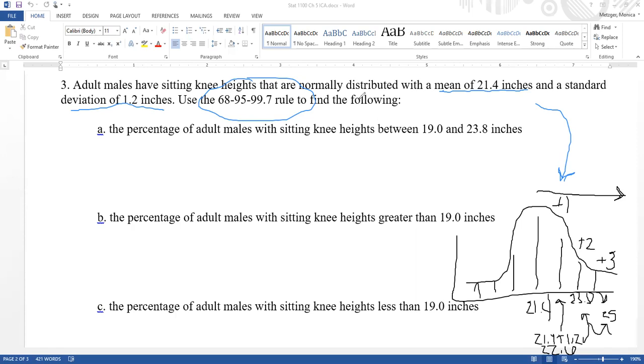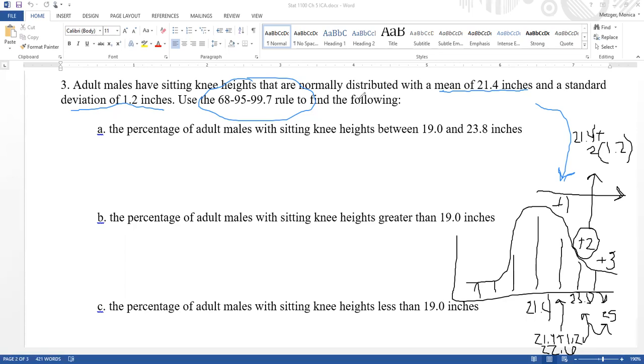You also could have said, I'm going to take that mean, that 21.4, and I'm going to add 2 times that standard deviation. So there's multiple ways that we can get the values to label our curves. The numbers in the end should all be the same. So whether you're taking 2 times the standard deviation or whether you're adding it each time you go along, whichever way you do it is okay.